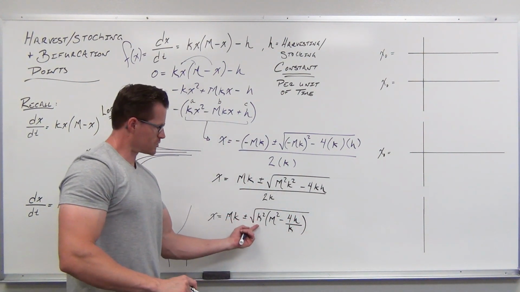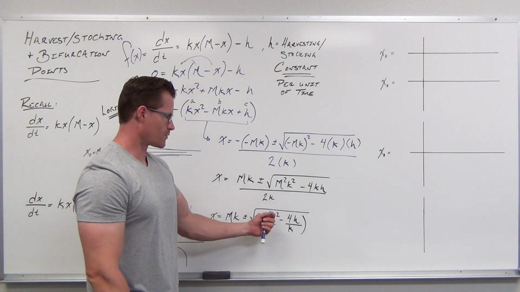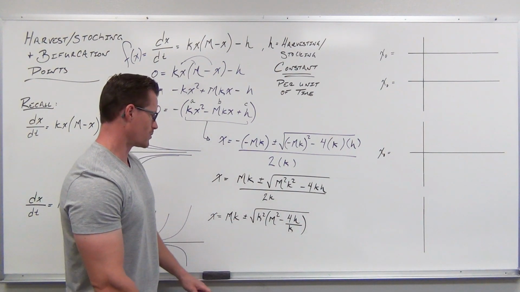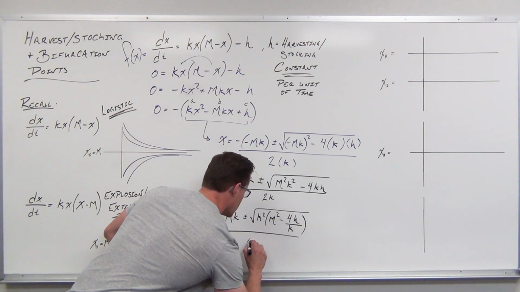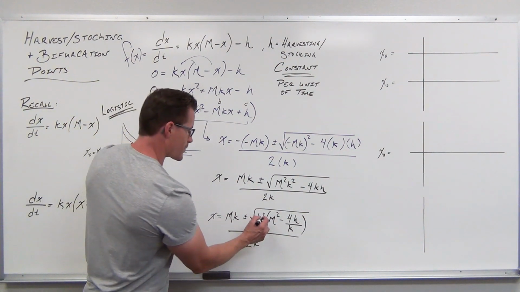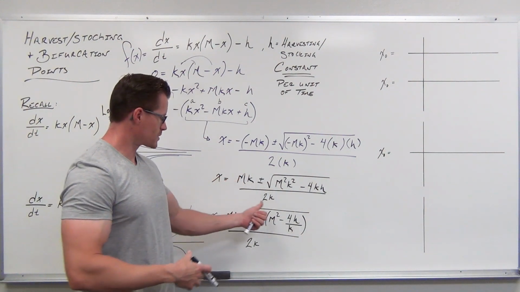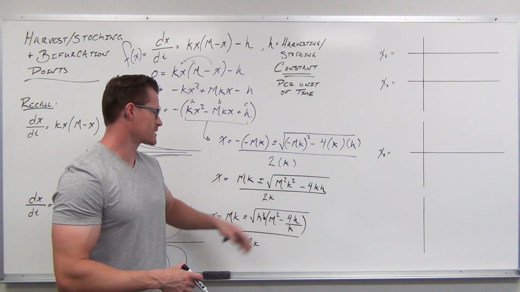And we can see that if we distribute, we get m squared k squared, we get 4h k squared over k. K's we cancel, leaving us a k on the numerator. All over 2k. Now the nice thing about products and square roots is that we can simplify them, we can split them apart. So we factored out that k squared so that we could simplify it.